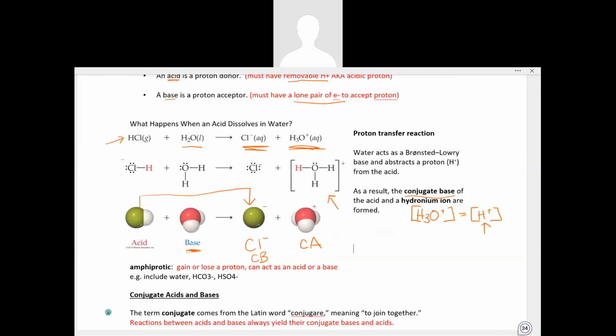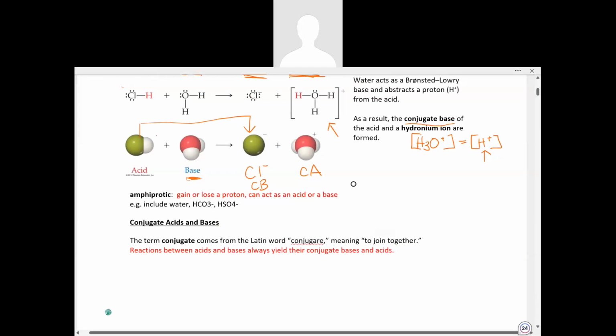So we'll always have these pairs, these conjugates. These are meant to be pairs, or in Latin it translates to join together. So we should note that reactions between acids and bases, in the case above it was water acting as a base, will always yield their conjugate bases and acids. So that's how we know what we should find on the product side.